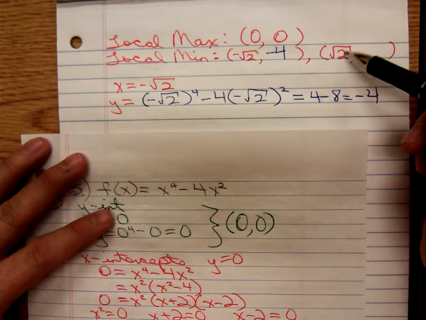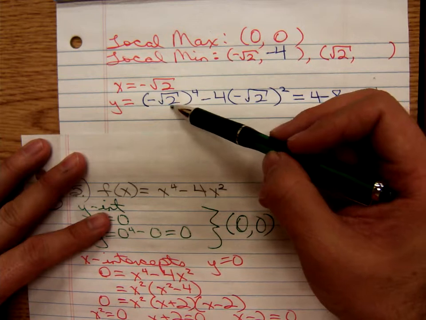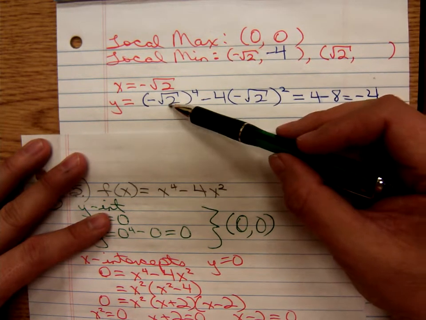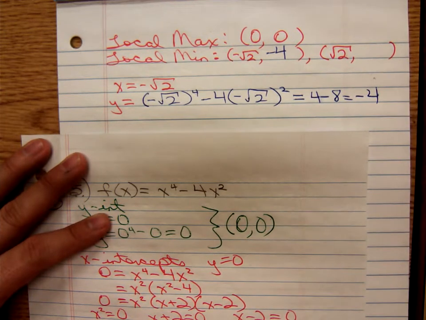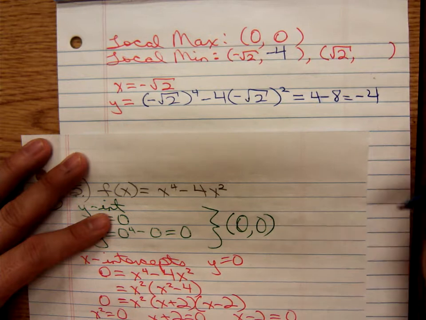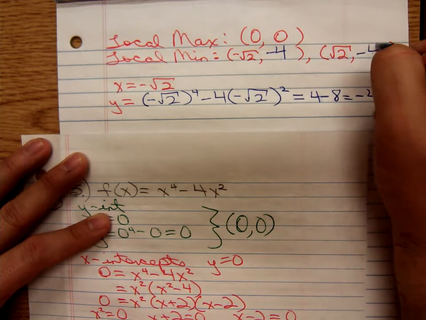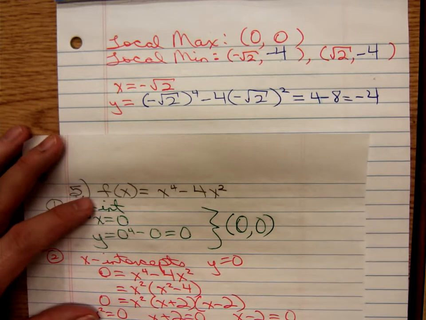I just now realized something. When you plug in a positive square root of 2, you're going to get the same thing, because whether it's positive or negative, when you raise it to an even power, it's going to become positive. So we're going to have the same number for both of the y coordinates. That's nice. That saved us a little bit of work. Not much, but a little bit.